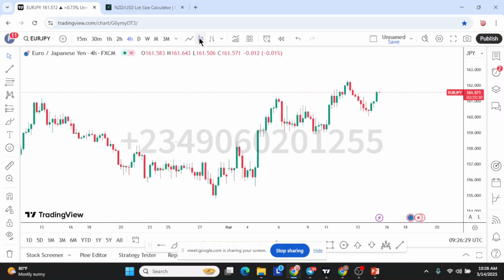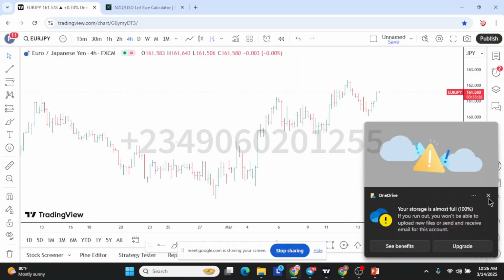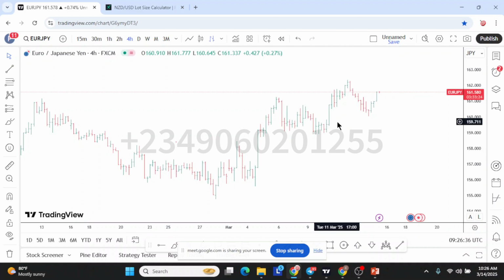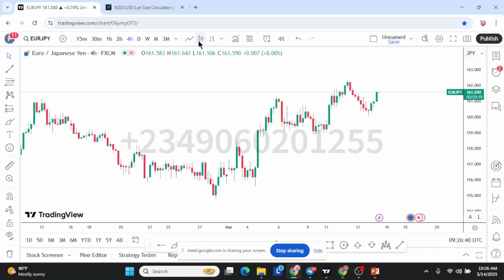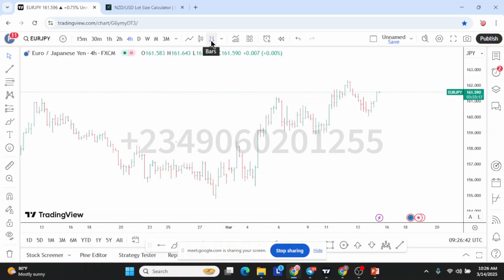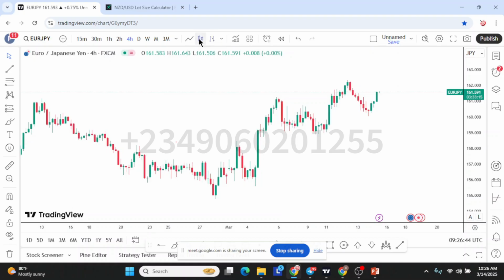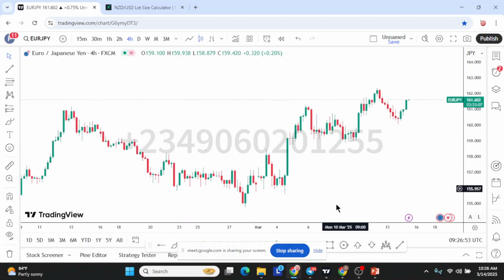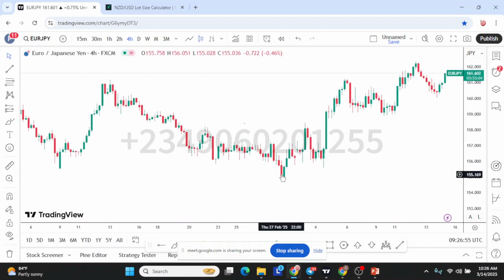I told you that the candlestick is a full form body of the bar chart. If you look at this bar chart, it's just like a sketchy diagram, but the candlestick is a full body. You can see that there is no difference to it. The candlestick just has a full body. So the candlestick helps us to know what is going on in the market. They are sending messages to us.